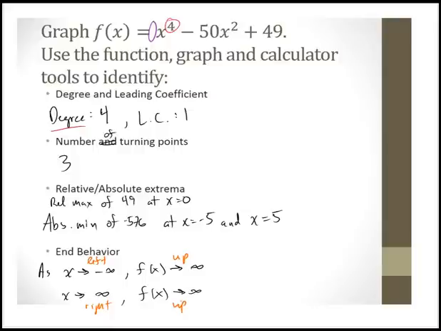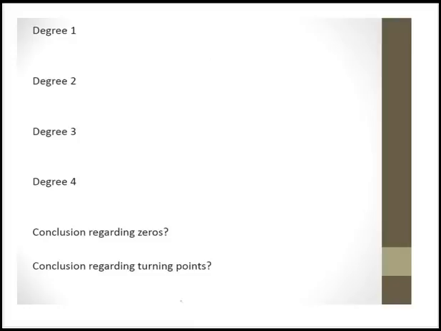So in those last two examples, we use the calculator to see some features of the graphs and find them. Now we're going to go and discuss different possibilities and try to arrive at some conclusions regarding polynomial functions. So what does a degree 1 polynomial look like in general if you graph it?